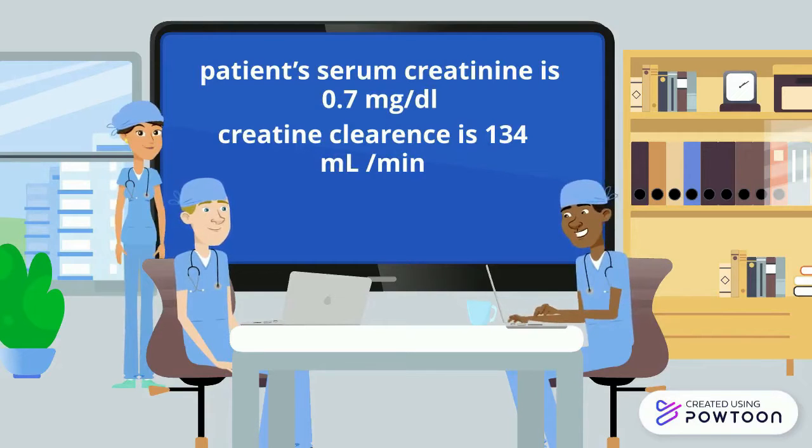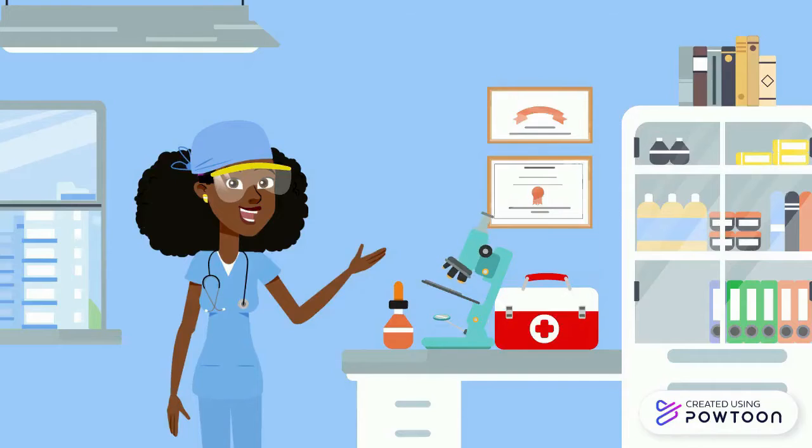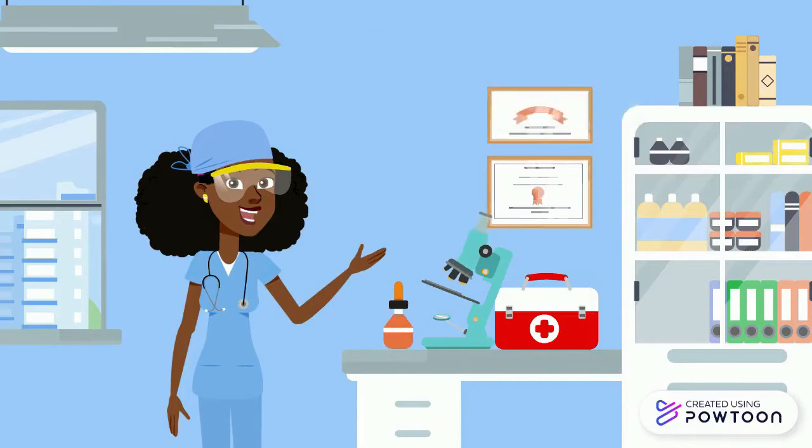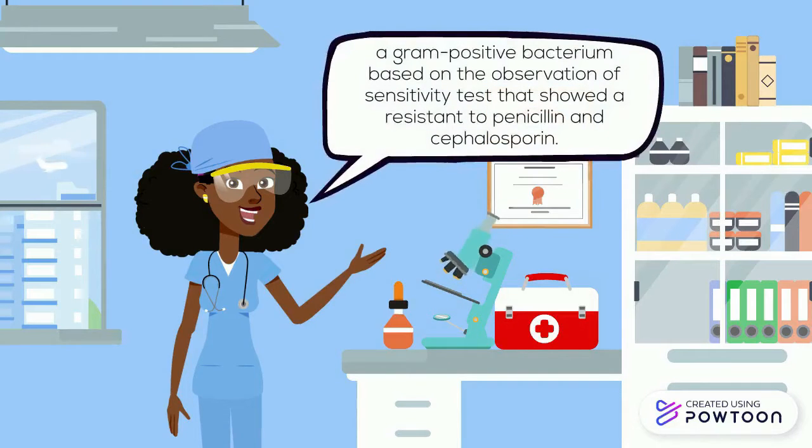The most important in the laboratory findings is the culture and sensitivity test. In this test, culture of the wound reveals Staphylococcus aureus, which is a gram-positive bacterium, based on the observation of sensitivity tests that showed a resistance towards penicillin and cephalosporin.